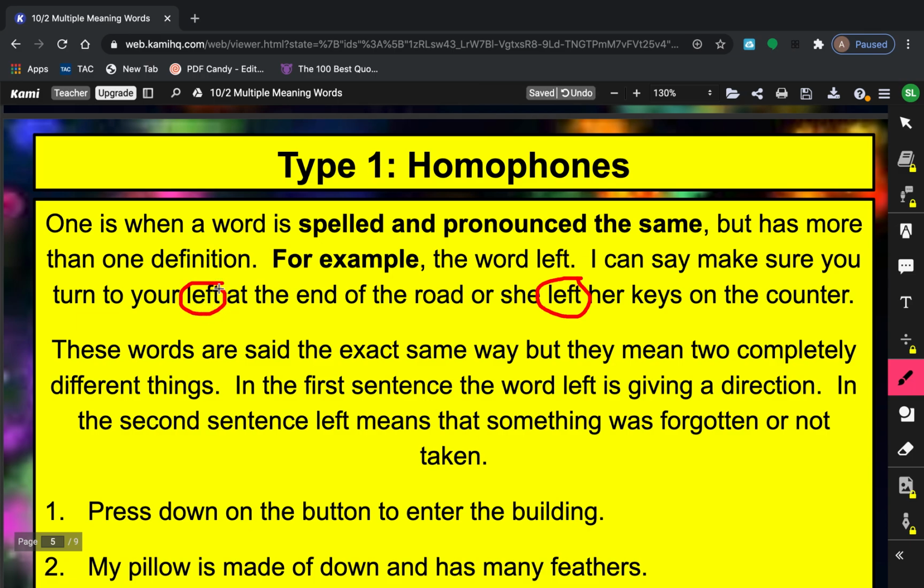Same spelling, pronounced the same way, different meanings. These words are said the exact same way, but they mean two completely different things. In the first sentence, the word left is giving a direction. In the second sentence, left means that something was forgotten or not taken.